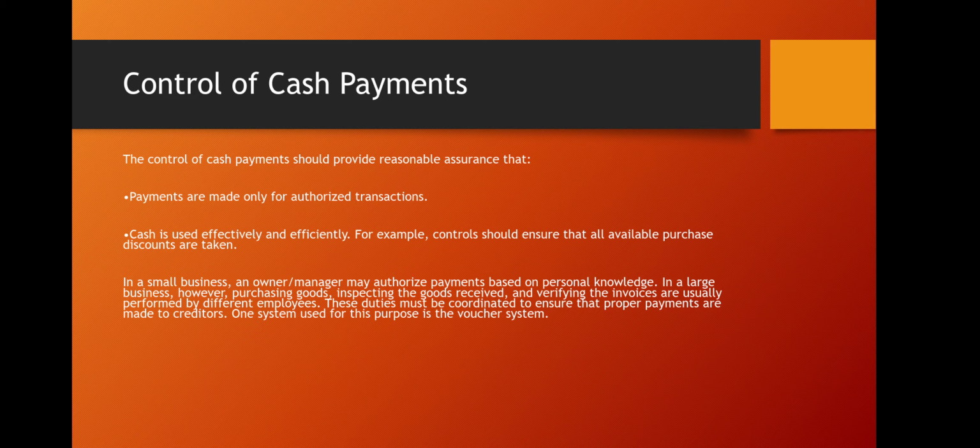These duties must be coordinated to ensure that proper payments are made to creditors. One system used for this purpose is the voucher system. So, control of cash payment shows that payments are only made for authorized transactions, are efficient and effective for the company, and are authorized only by the person in the position to do that authorization.